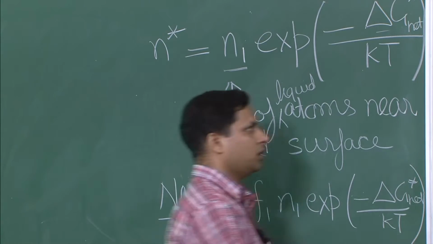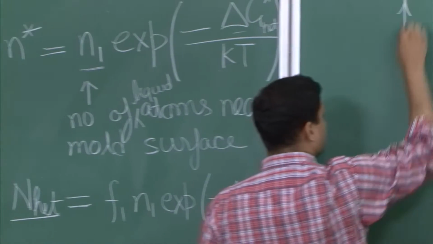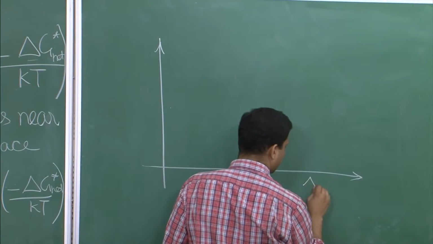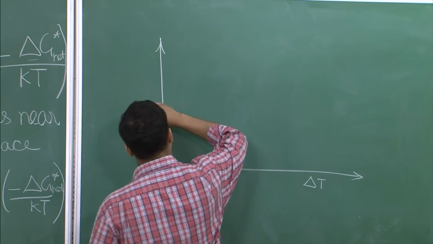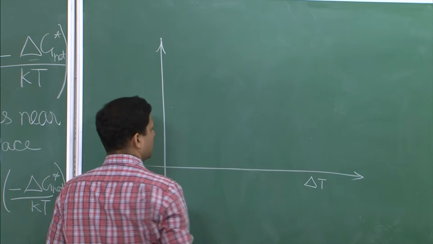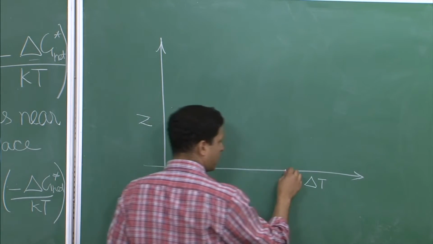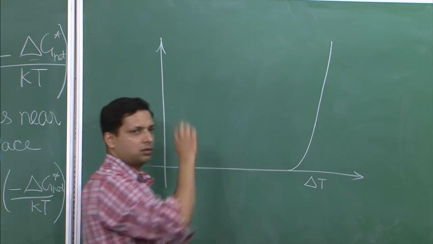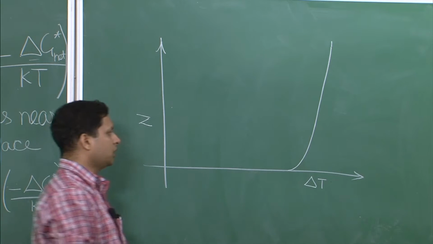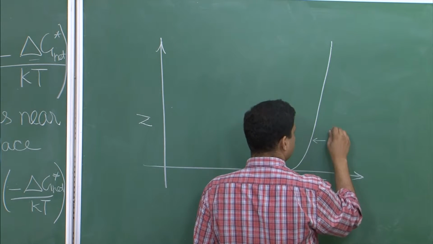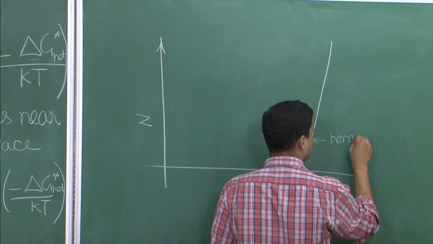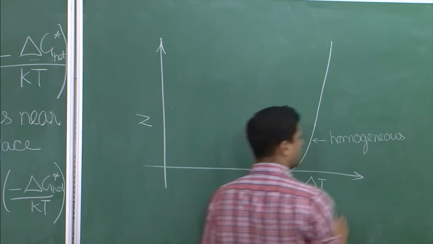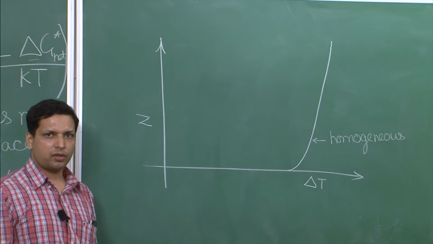Okay, so you remember how this plot turned out to be. If we are looking at delta T and we are looking at n, for homogeneous nucleation there was a critical delta T, beyond which the nucleation would explode. So this was for homogeneous nucleation. How will it be different for heterogeneous nucleation?